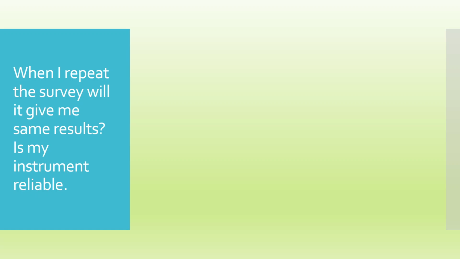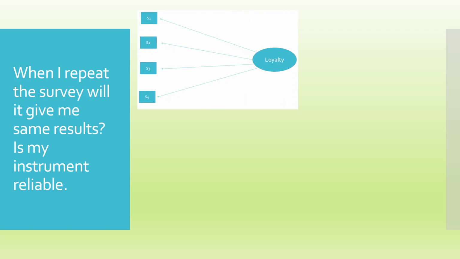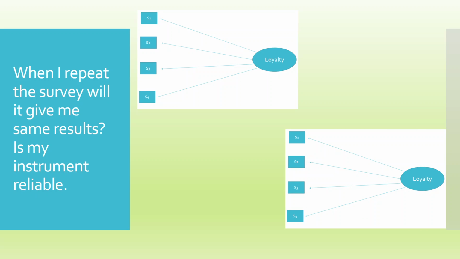Similarly, when I repeat the survey, will it give me the same results? If it does, then my instrument is reliable. We know that loyalty was captured with the help of four statements S1, S2, S3, S4. Now, if this same instrument is repeated and we reproduce the same result, then we can say that my instrument is reliable.